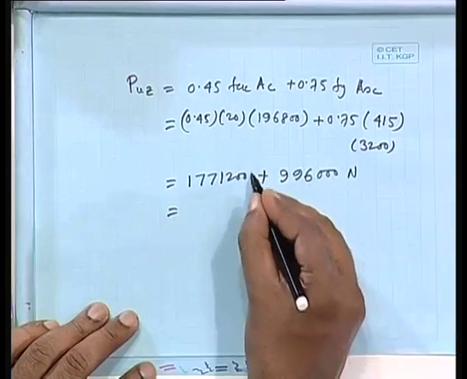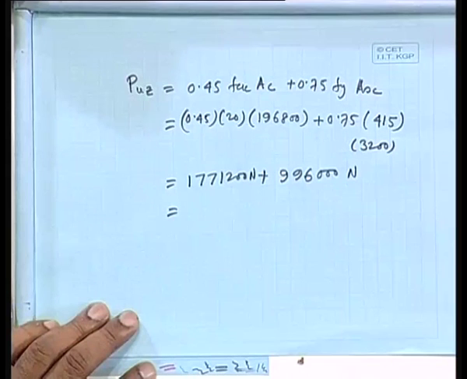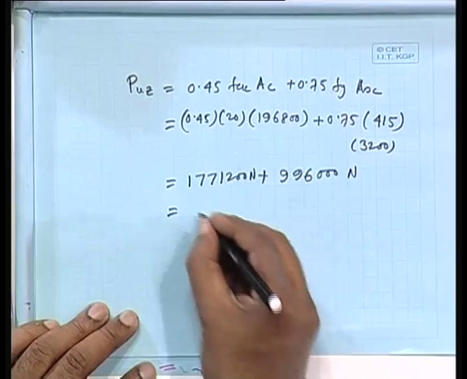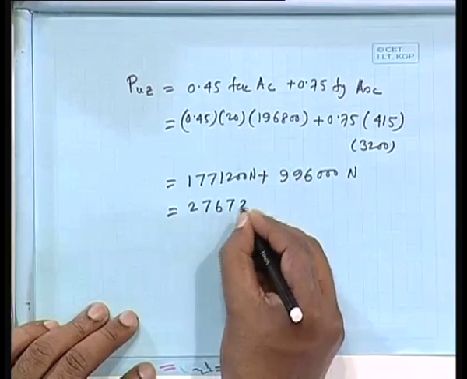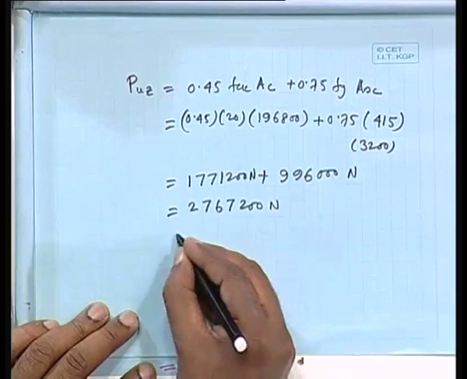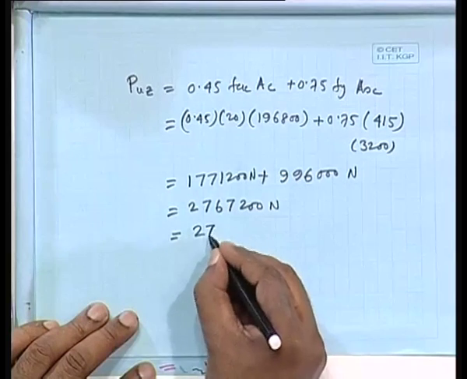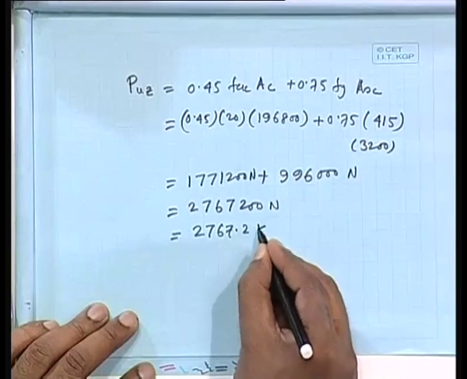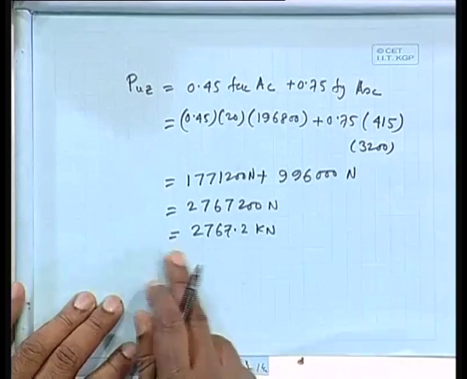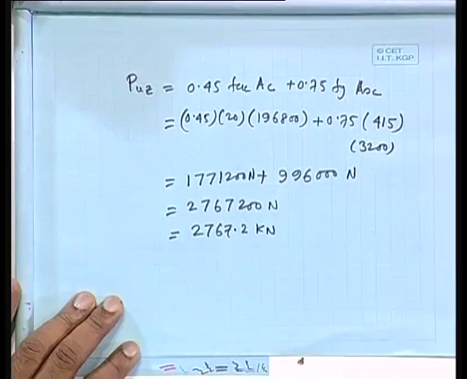These are all in Newton. So 1771200 plus 996000 gives 2767200 Newton, which comes as 2767.2 kilonewton. So PUZ equal to 2767.2 kilonewton.